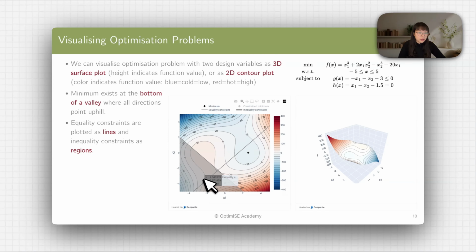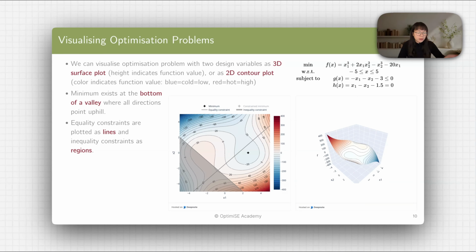And this inequality constraint is given by this particular equation over here, minus x1 minus x2 minus 3 less than or equal to 0. Very intuitively as well, if this inequality constraint is actually greater than or equal to 0, this shaded area would just be flipped to the other side. So this side instead will be infeasible, and this side instead will be feasible. So this is how you can imagine or visualize inequality or equality constraints.